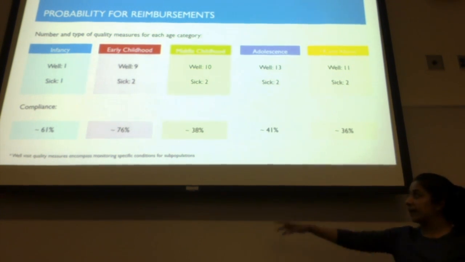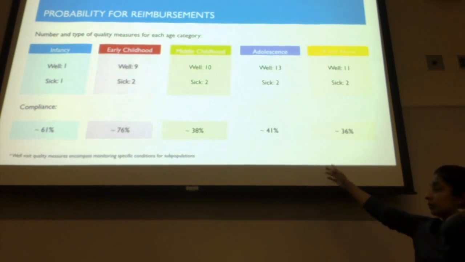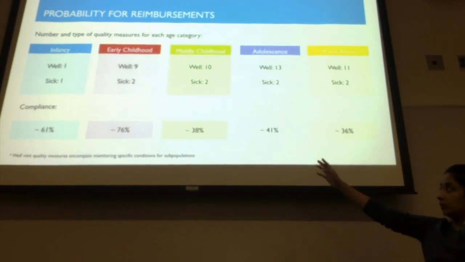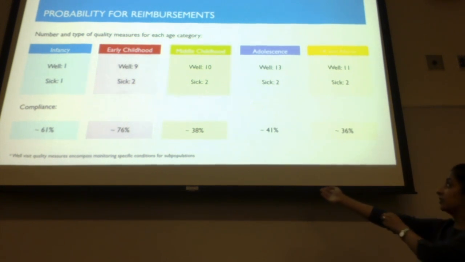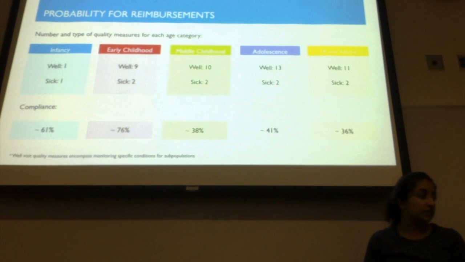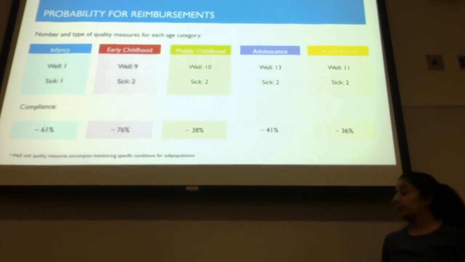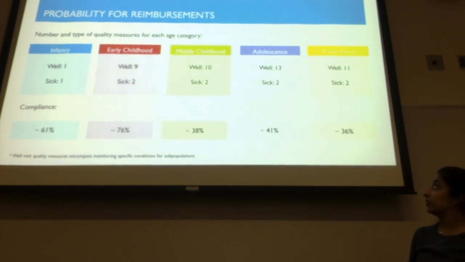As you can see, the compliance has a trend of decreasing from infancy all the way over to 18 and above. So there is approximately a 41% chance that KPP would get reimbursed for a measure that was for adolescents.